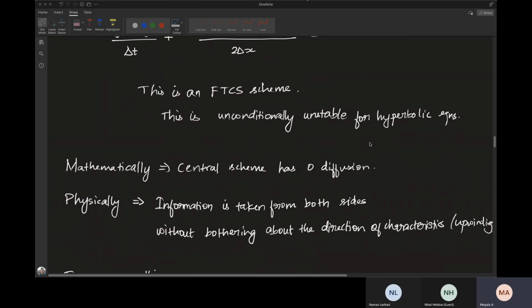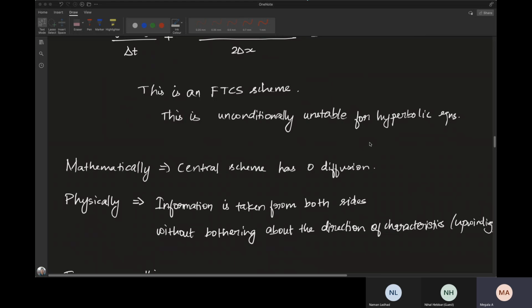Physically, what is happening is that for hyperbolic systems, we have characteristics. For hyperbolic PDEs, we can essentially draw characteristics in the x-t plane, and our solution propagates in just one specific direction, according to the slope of the characteristic.